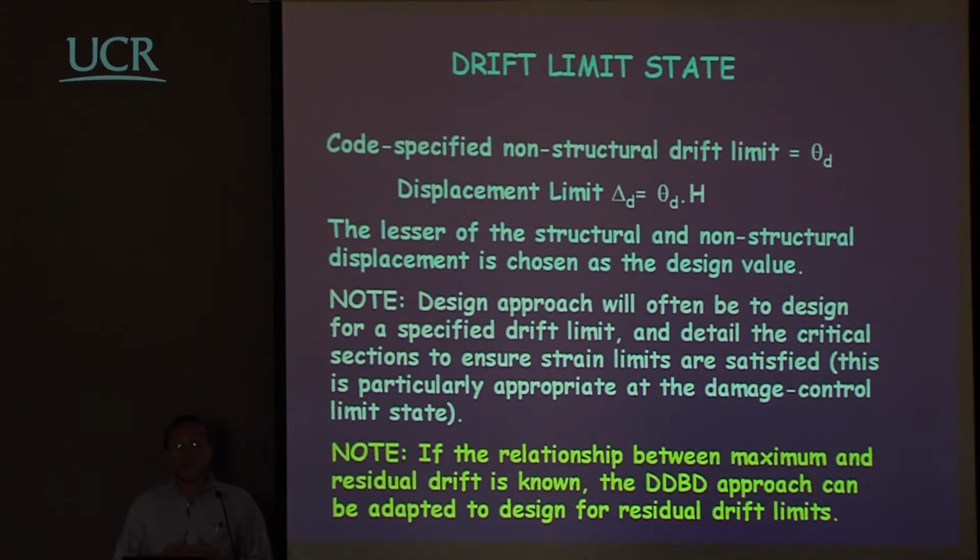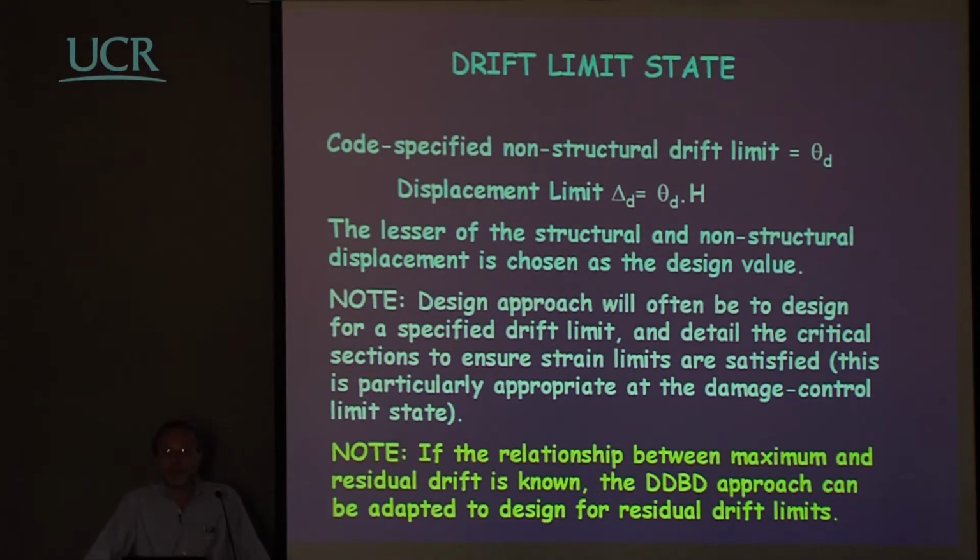And it would even be possible, and this may happen in the future, to add a third verification, which is the verification on what the residual displacement will be. The only difficulty in doing that is to have a correlation between residual displacement and design displacement, which is normally not that difficult.